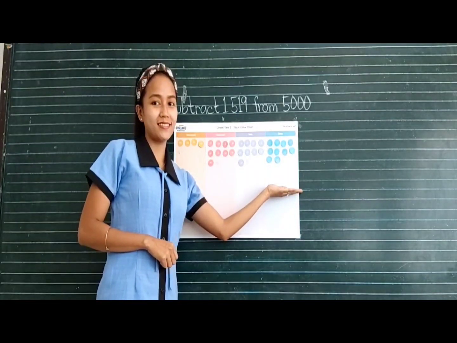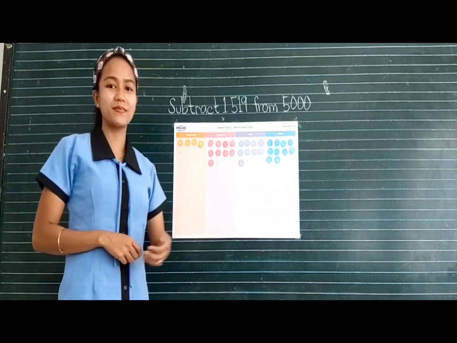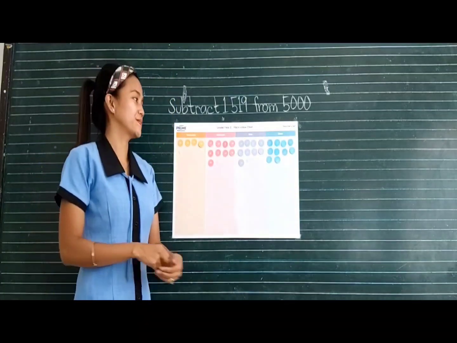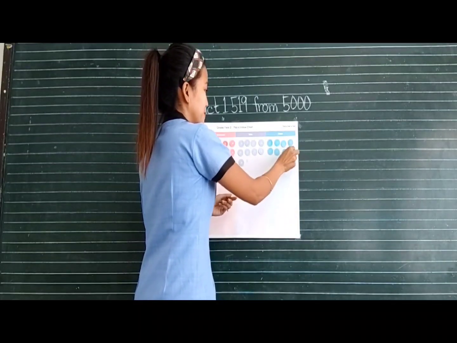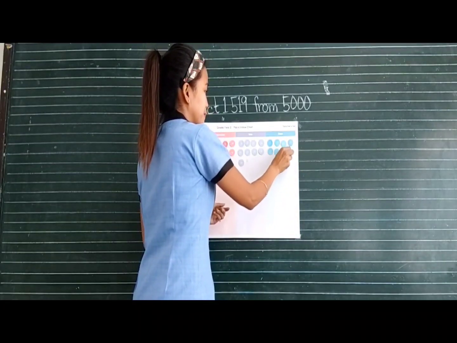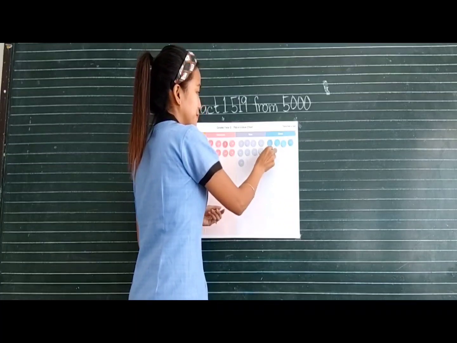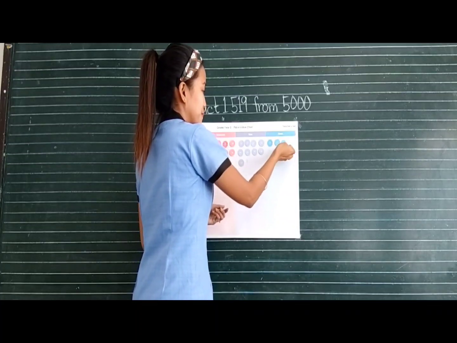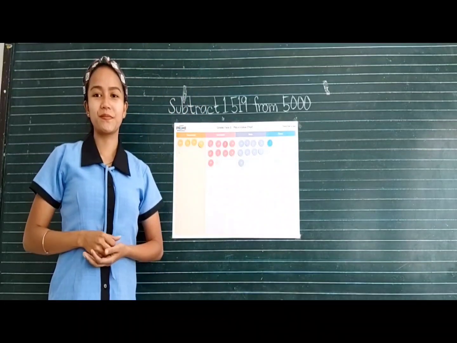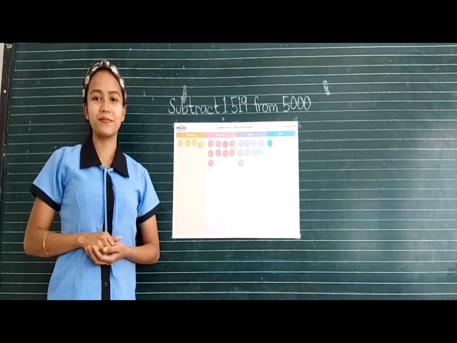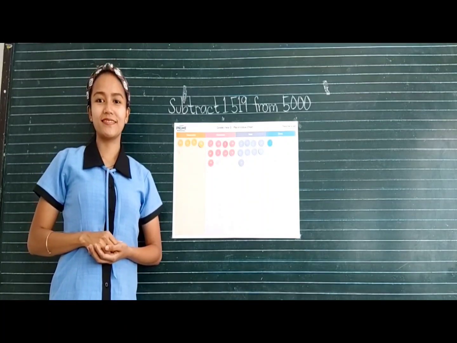Look at the ones column. We should remove 9 counters. So, 1, 2, 3, 4, 5, 6, 7, 8, 9. How many counters is left? Very good.